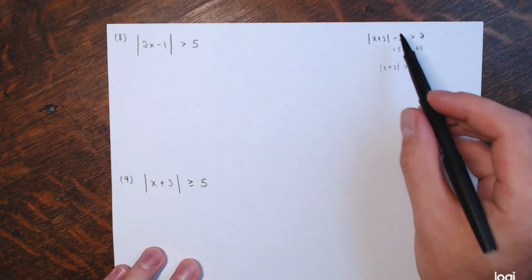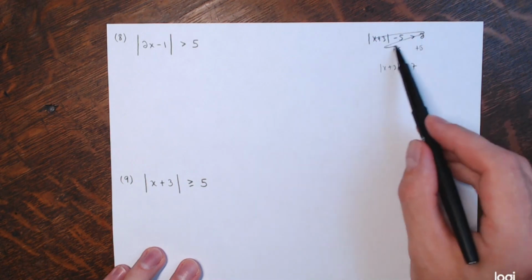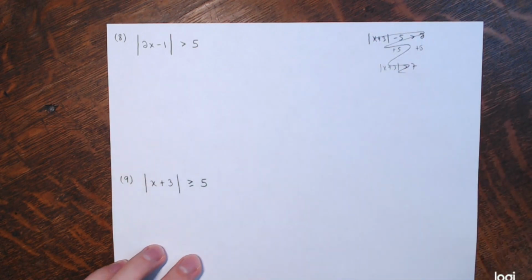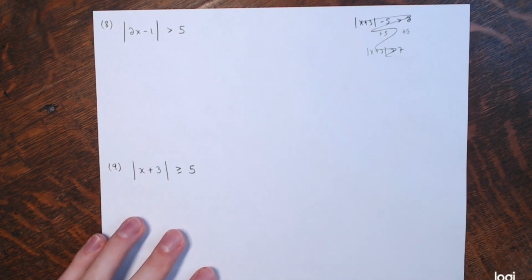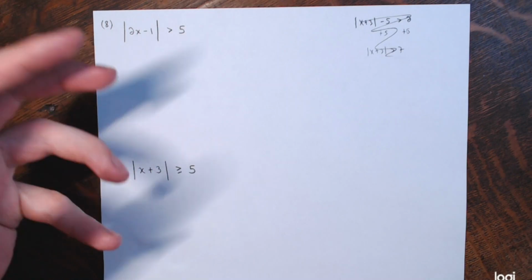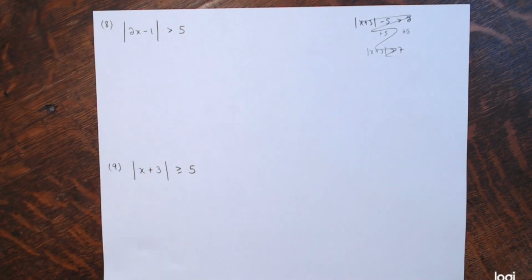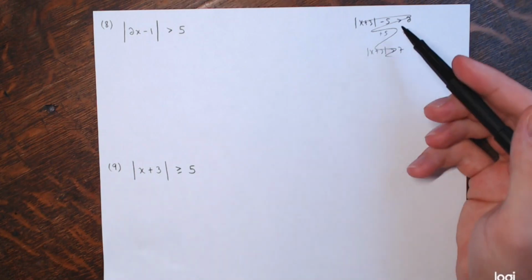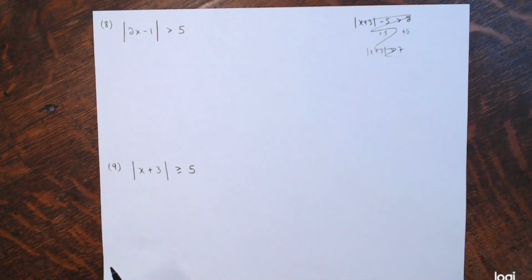So just keep that in mind. Just because every single example in this particular textbook has the absolute value alone on the left already, doesn't mean you'll always see that in other textbooks. So just be aware of that. You may have to do something to get the absolute value alone, but here we don't.